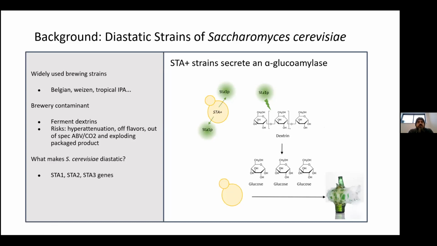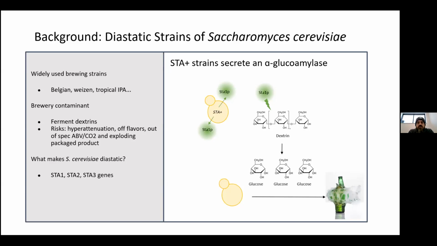This has been an issue in the brewing industry long enough that all the providers that I'm aware of, and we certainly do, make it known on a product whether or not it's a diastatic yeast. It is something you're going to want to know because you're taking some amount of risk by using these strains in the brewery.